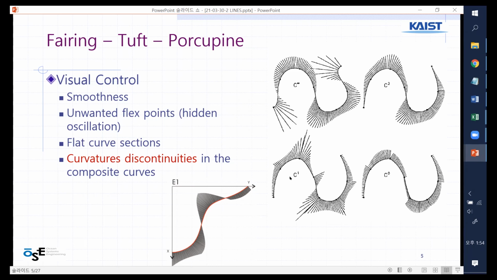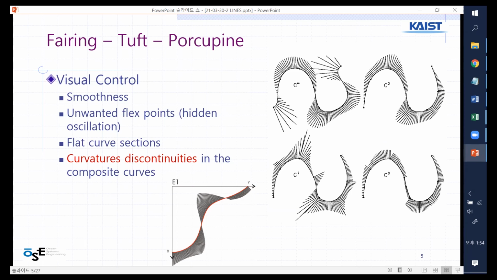But C1 is continuous up to the first derivative, so the slope is continuous, but curvature is not. Curvature continuity comes with the second derivative, C2. So this is continuous curvature. But above them, you need to have even higher, right? So visual control. Why do we need, at least in engineering, to design up to a C2 curve, a C2 continuous curve, curvature continuous?